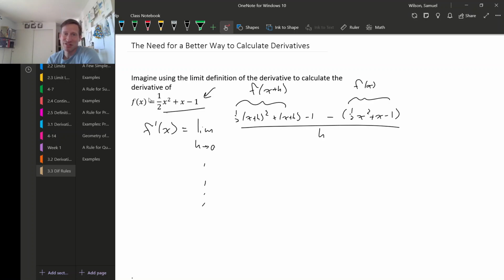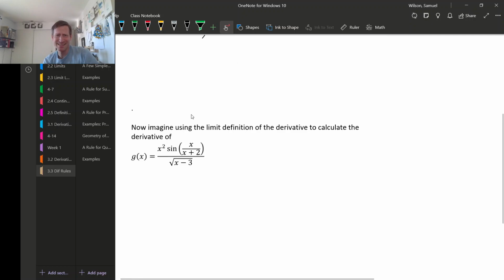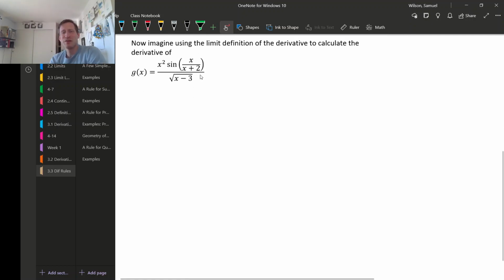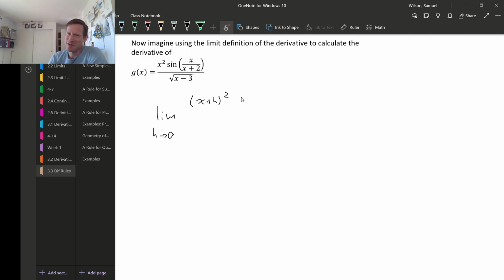In lots of applications, very complicated formulas show up. Something like, say, this. Imagine trying to find the derivative of this function using the limit definition of a derivative. So what we would need to evaluate is the limit as h goes to 0 of (x plus h) squared times sine of (x plus h) over (x plus h) plus 2, over the square root of (x plus h) minus 3.